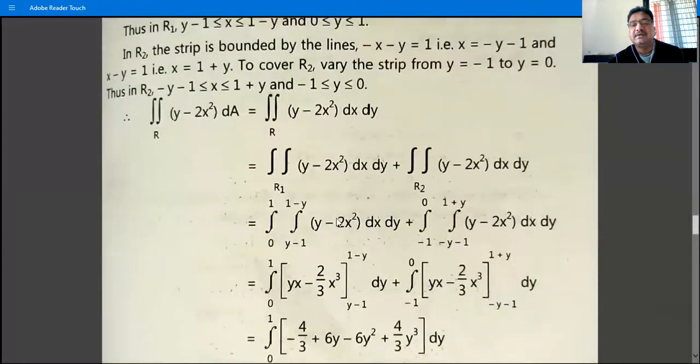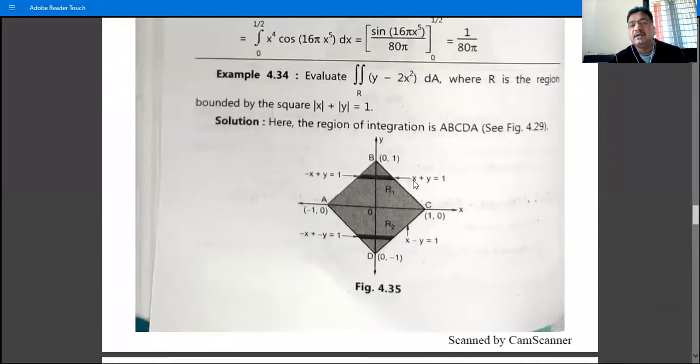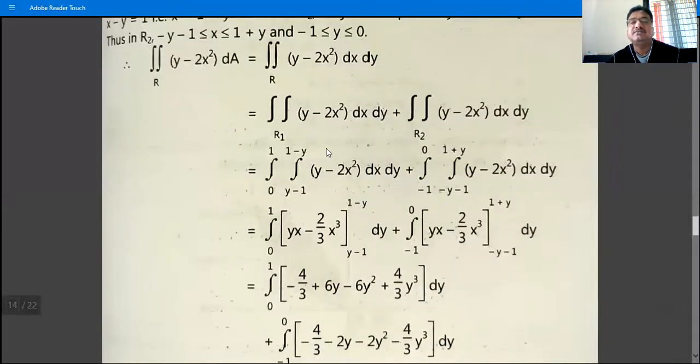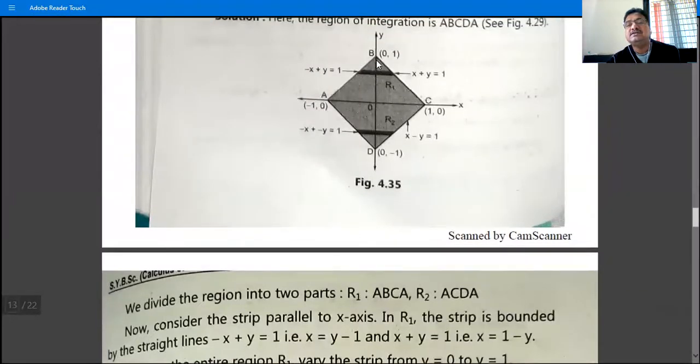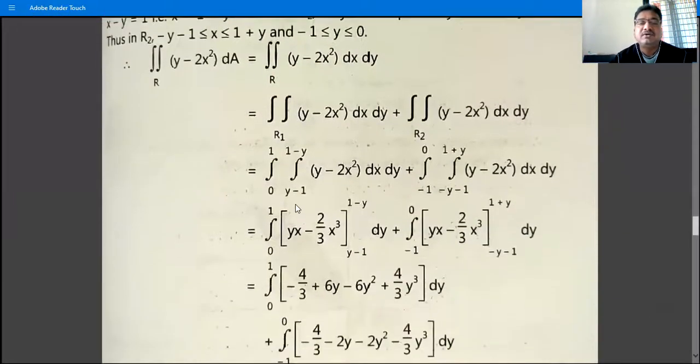So y - 1 is the lower limit of x, and the upper limit is x = 1 - y. And in order to cover this region, we have to move this strip from this point to this point. At this point y is 1, and at this point y is 0. So 0 to 1 is the limit of y.